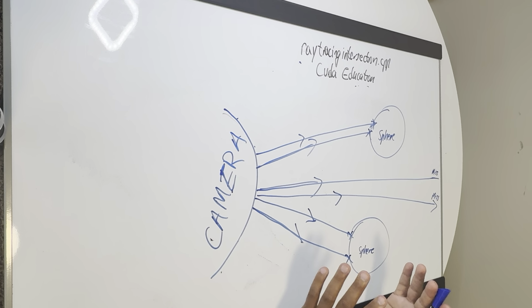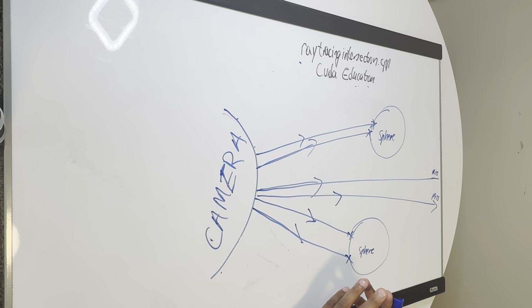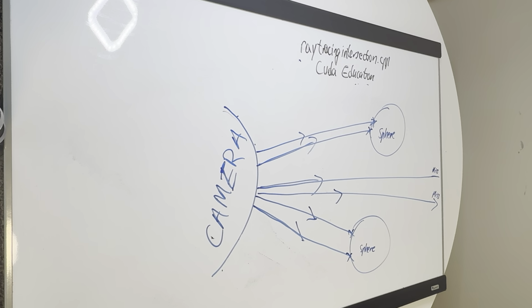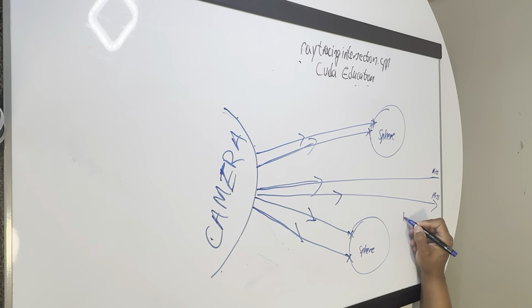A concept that we really need to discuss is a term in computer graphics called BVH, bounding volume hierarchy.